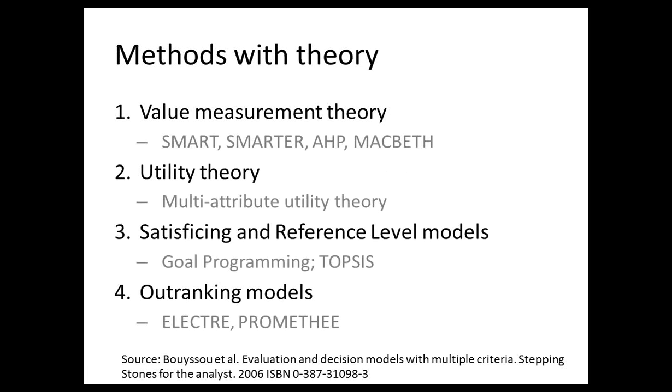And different methods are associated with all these different theories. In the previous slides, I described an example of SMART. Session 2 will focus on AHP and MACBETH. And session 3 will include a more general description of the pros and cons of different methods.